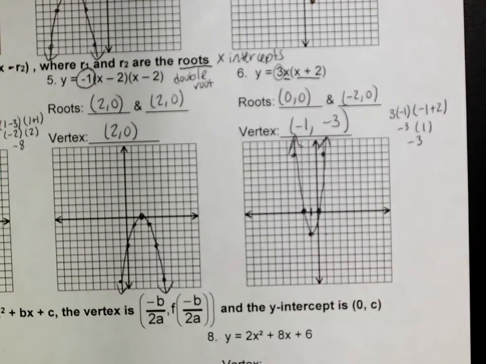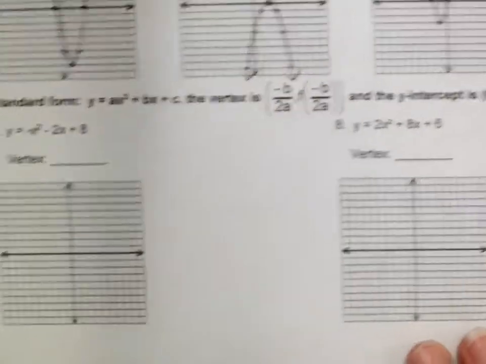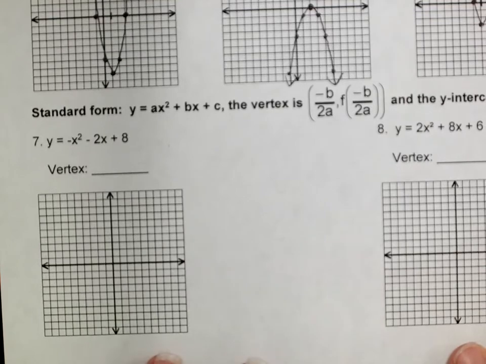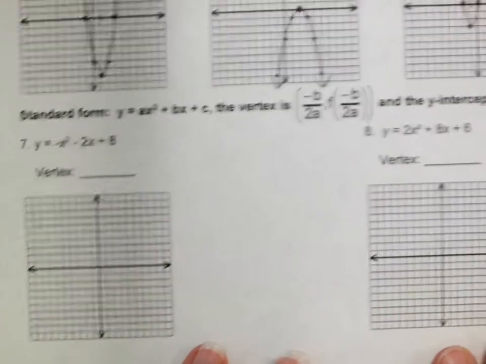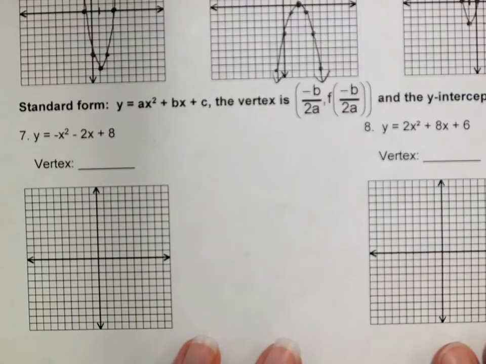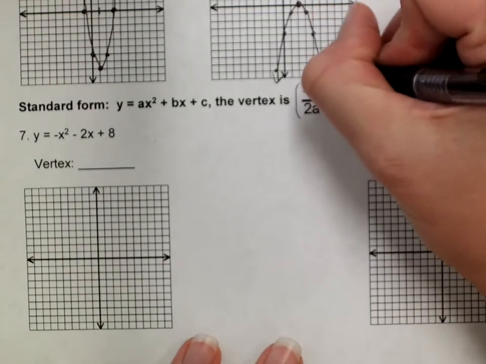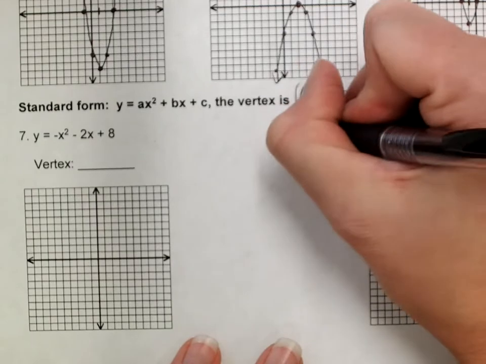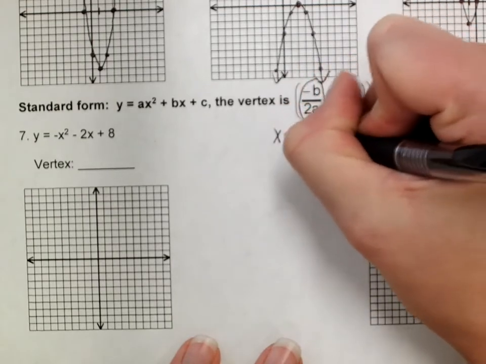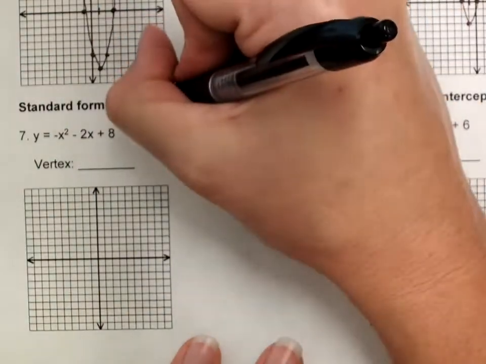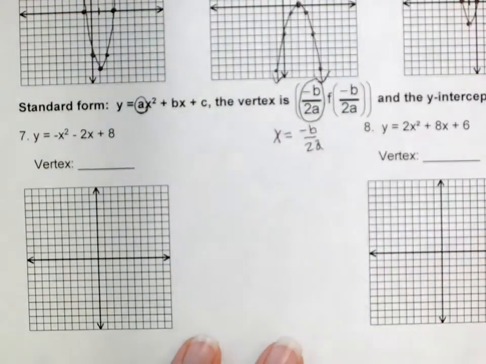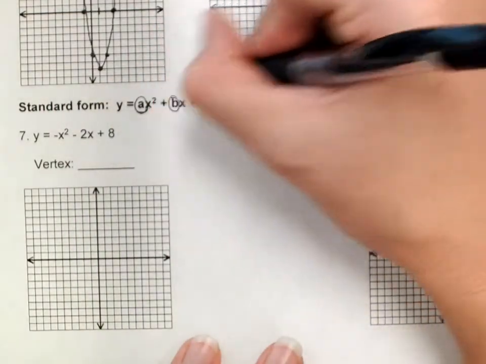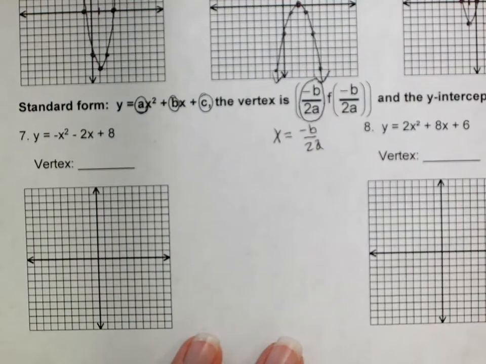Okay. Cool. All right, the last one is the one everyone hates. To find your vertex from this equation, you are going to use this little formula right here, negative b over 2a. That gives you the x value of the vertex. Notice a is what's in front of the x squared, b is what's in front of the x, and c is the term that's by itself.